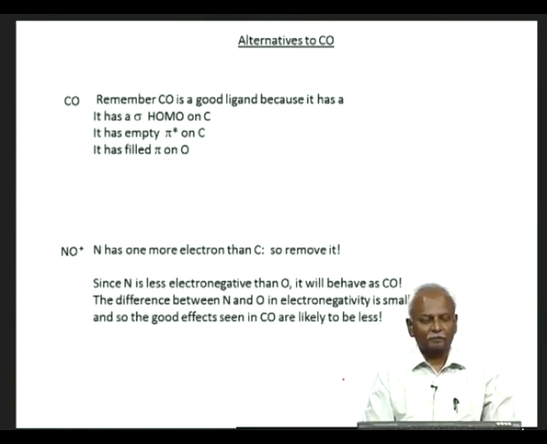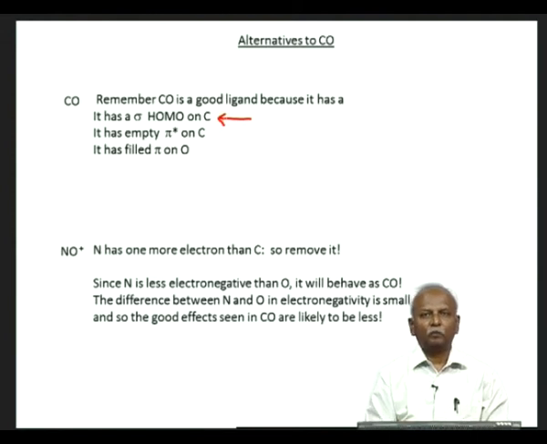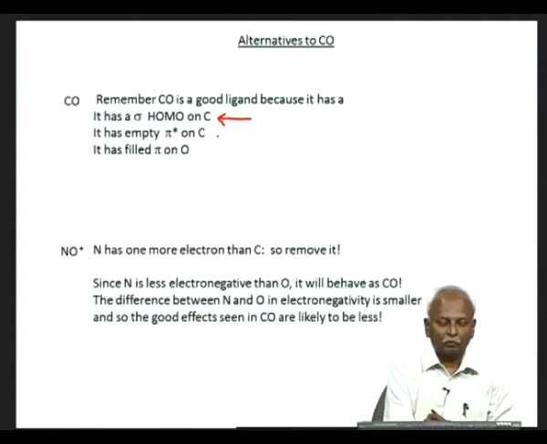And that is exactly what happens. Let us just recap some of the beautiful aspects of carbon monoxide, some things that make carbon monoxide an excellent ligand. First of all, we recollect that the HOMO on carbon monoxide is concentrated on carbon. This is a very important factor, because then the donation of electron density from this molecule to the metal turns out to be quite significant, and we also realize that it has got a pi star orbital or an acceptor orbital on carbon.